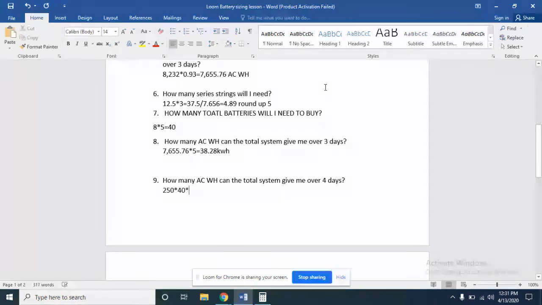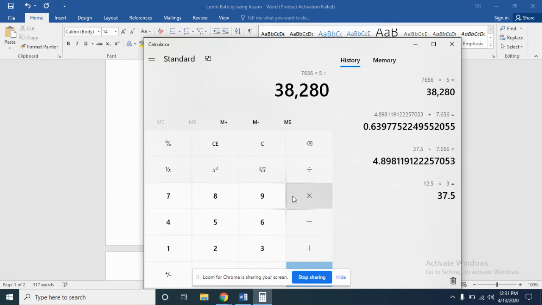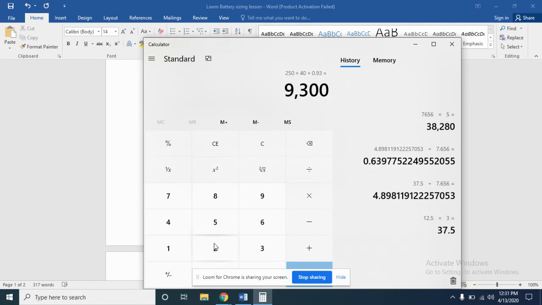I have an inverter loss. That's what we saw up here, and our inverter was 93% efficient, so 0.93. That is going to tell us over 4 days how many watt hours these batteries could do. So 250 times 40 times 0.93.